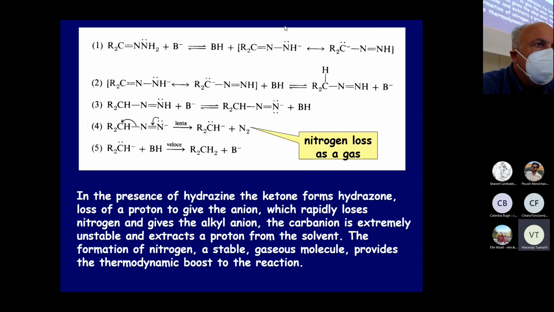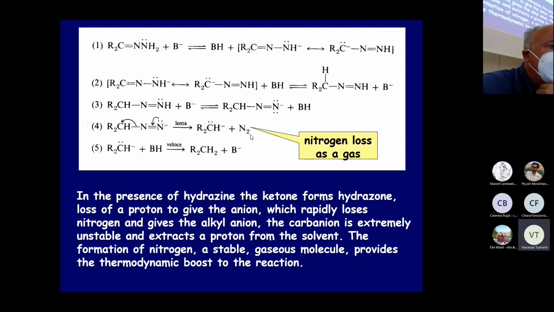Here you see how it is possible to reduce the hydrazone to carbon. You see a lot of different equilibria, but the last step is represented by the formation of nitrogen as a gas.